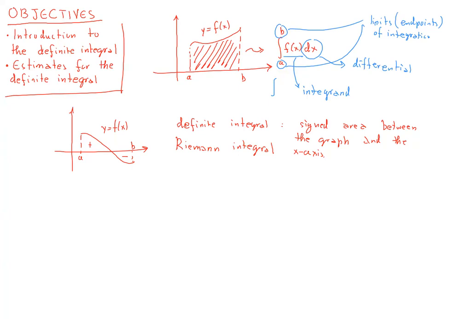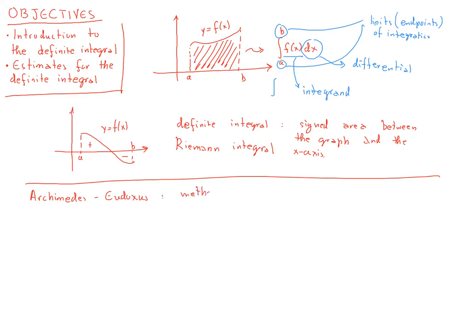But it is true that integration in a certain way had been taken up in antiquity by two mathematicians, the very famous Archimedes and Eudoxus, who established their method of exhaustion, which is a prototype for defining the definite integral.